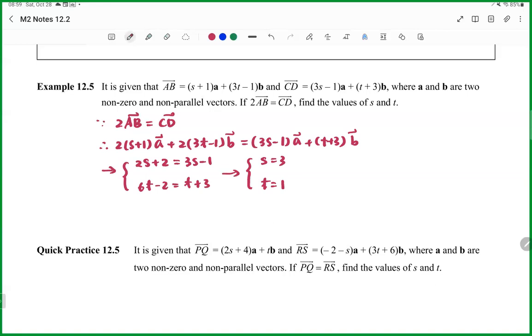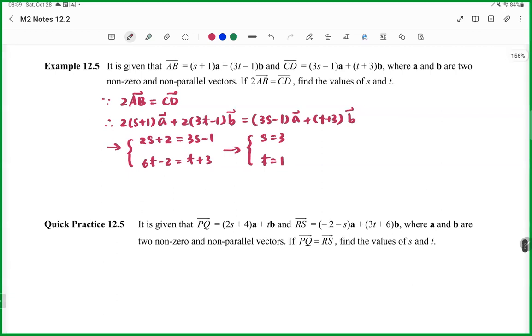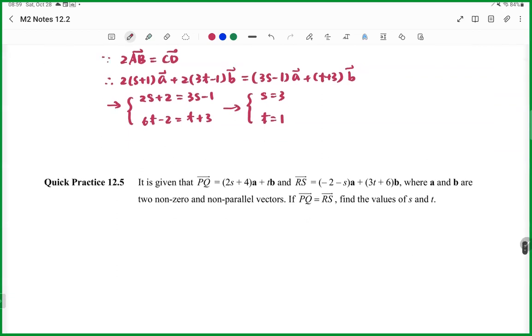Kind of like when a polynomial is identical to another polynomial, then the coefficients must be identical as well. You have to practice this. Let me know when you're done. The answer is already there, right? This one. Yeah.